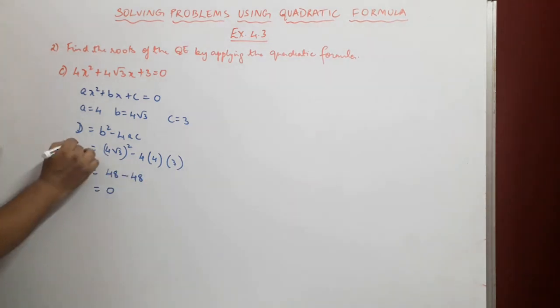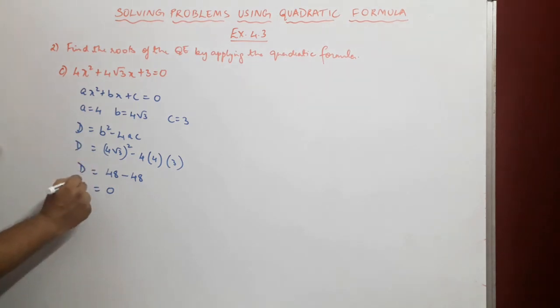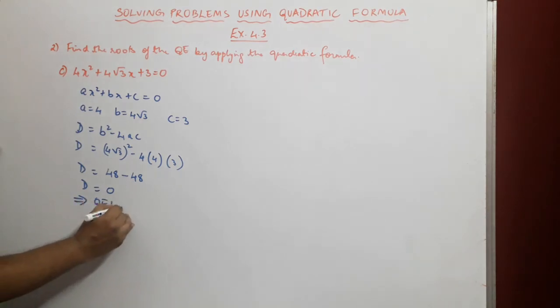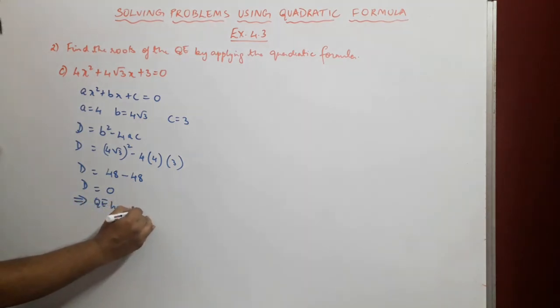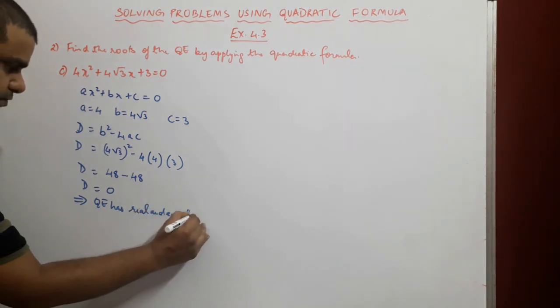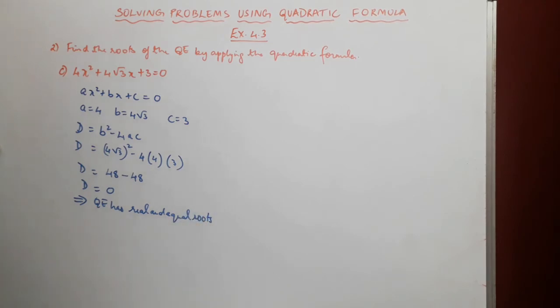So D is equal to 0, and this implies that our quadratic equation has real and equal roots. Okay, real and equal roots.